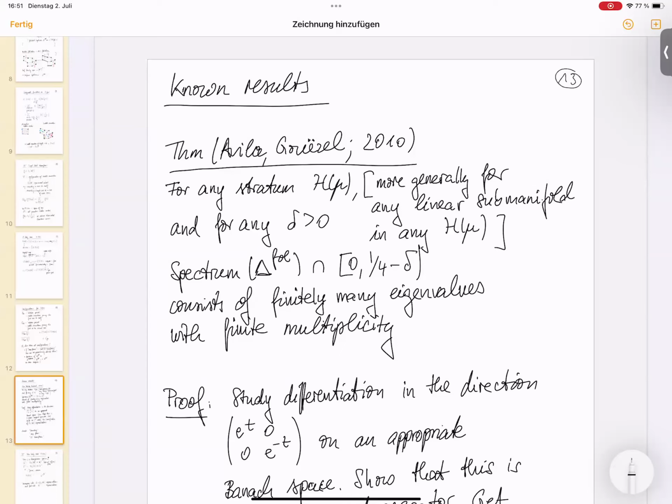The true Selberg conjecture asks about the spectrum intersected with 0 or 3 over 16. That has been raised for strata as a question of Yoccoz, and dates back at least 10 years, if not more. I don't think there has been any progress in that direction.